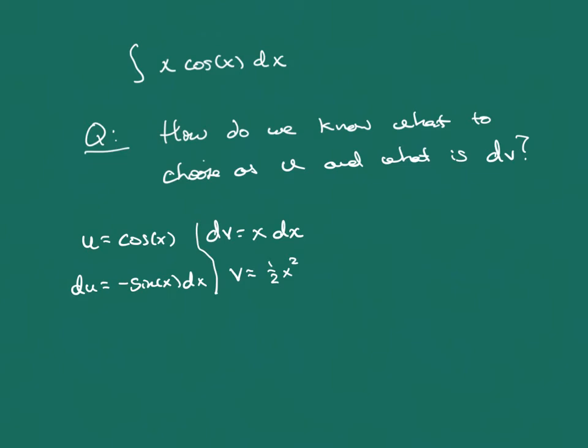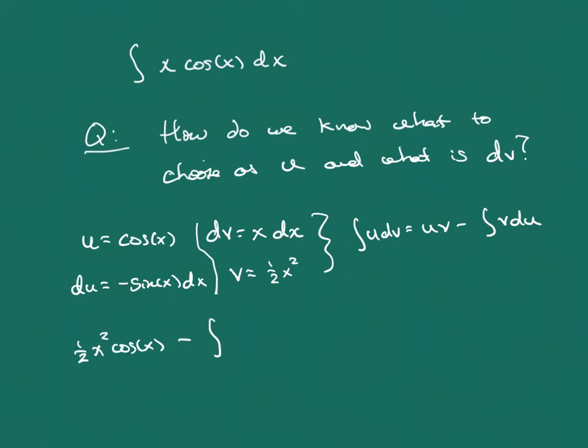And so if we go back to our integration by parts formula, where the integral of u dv is u times v minus the integral of v du, then what happens is we've got u times v, so that's going to give us 1/2 x squared times cosine of x minus the integral of v du.